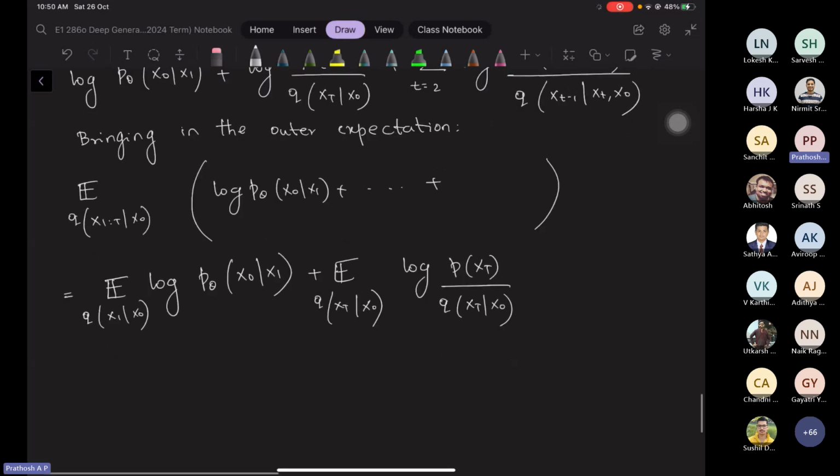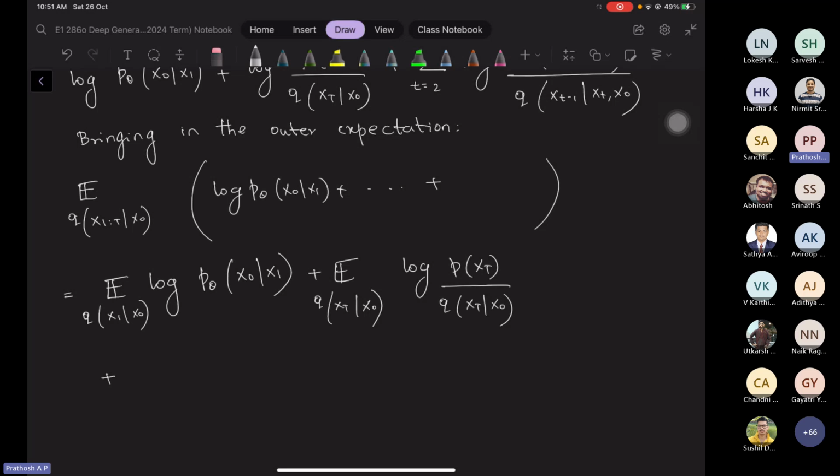Right. Now the third term. What dependencies do we have?